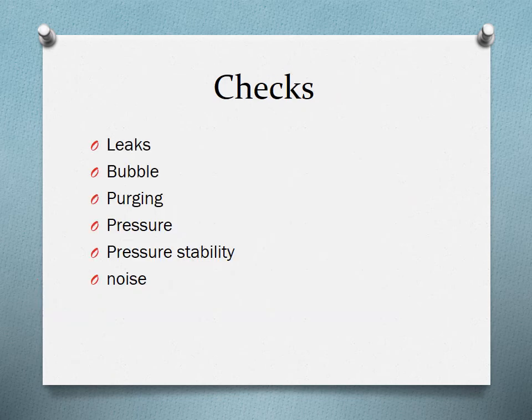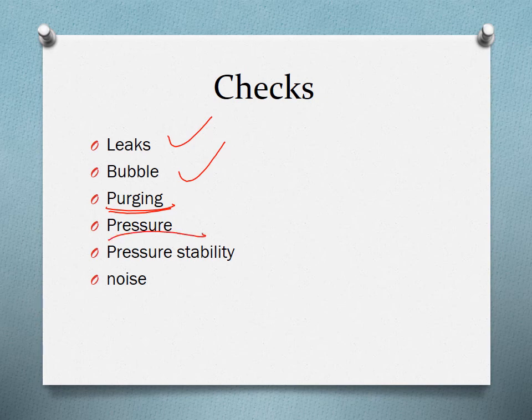Okay, so things we want to check: we want to check for leaks, make sure it's not leaking, so it's a good way to clean it, and look for small little leaks. Check for bubbles. When you bleed the line, you want to make sure there are no bubbles and there's solid flow of oil. This process called purging is when you take the oil out and let out all the bubbles.